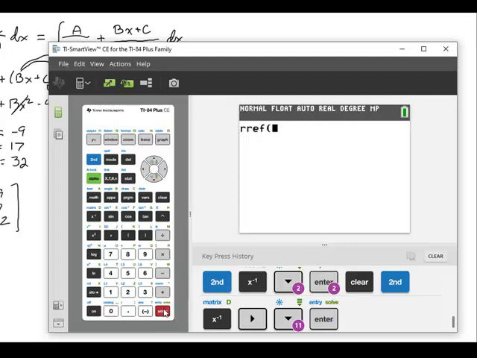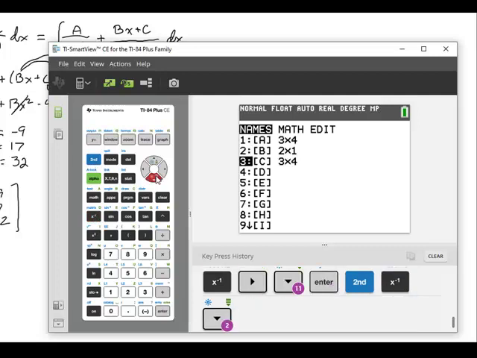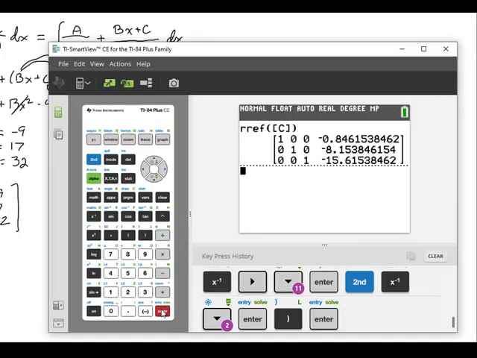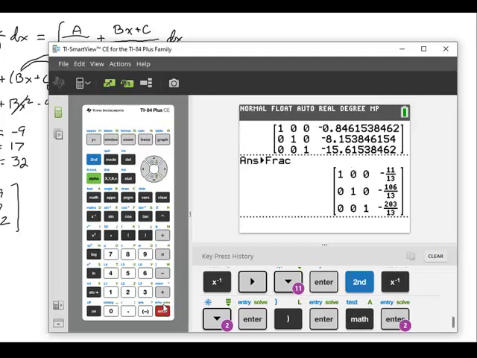This is going to solve our matrix for us, if it is solvable, and this one is. So we do RREF. Now we have to put in the matrix that we want. So we go second matrix, and this time we do just the name, and we're putting in C. Close the parentheses, hit enter, and we now have our solutions. Now I don't want to deal with decimals, so I am going to turn those into fractions by doing math, fraction of my answer.